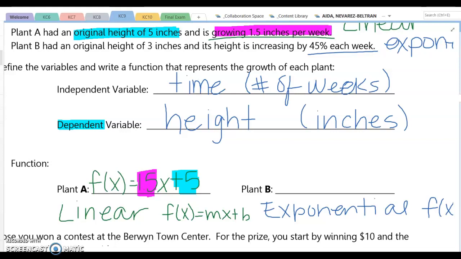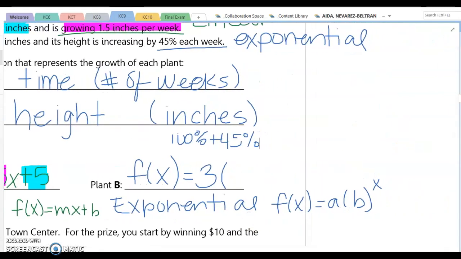Okay, and then for your exponential, write f of x. And then a is your starting number, so it started at 3, and then it's growing by 45% each week. So you have to do 100% plus 45%, because that's how much it's increasing, which gives you 145%, but we have to write that as a decimal, so it's 1.45.